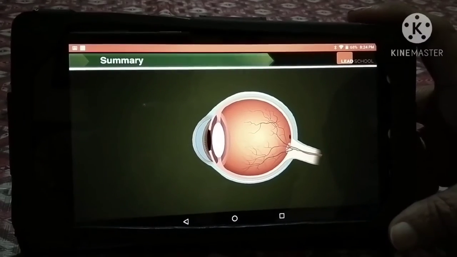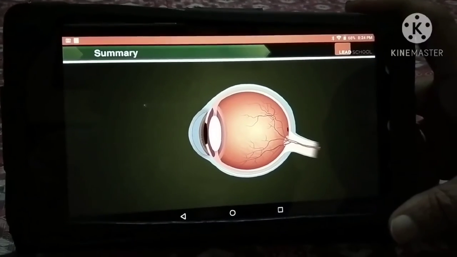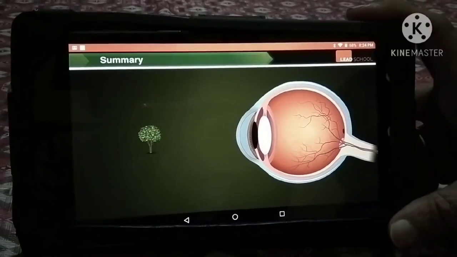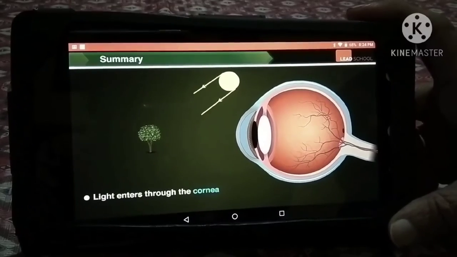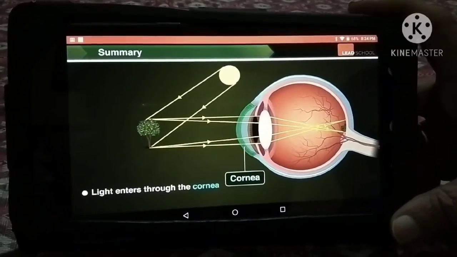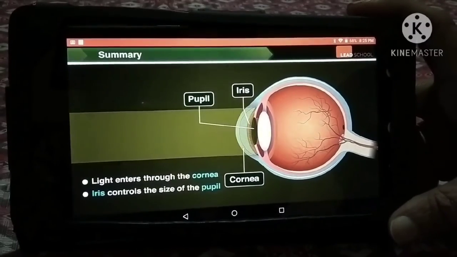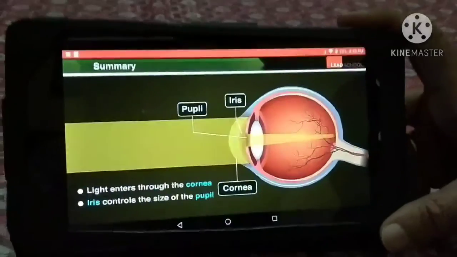So, now that we know the structure of the eye, let's understand how we are able to see this tree. The light reflected off of the tree enters our eyes through the cornea. The iris constricts to control the amount of light entering the eye.